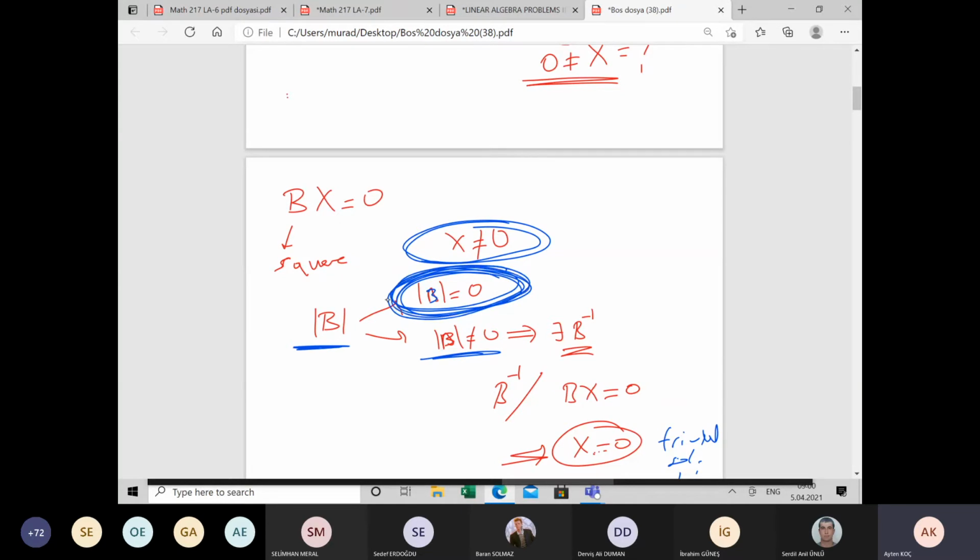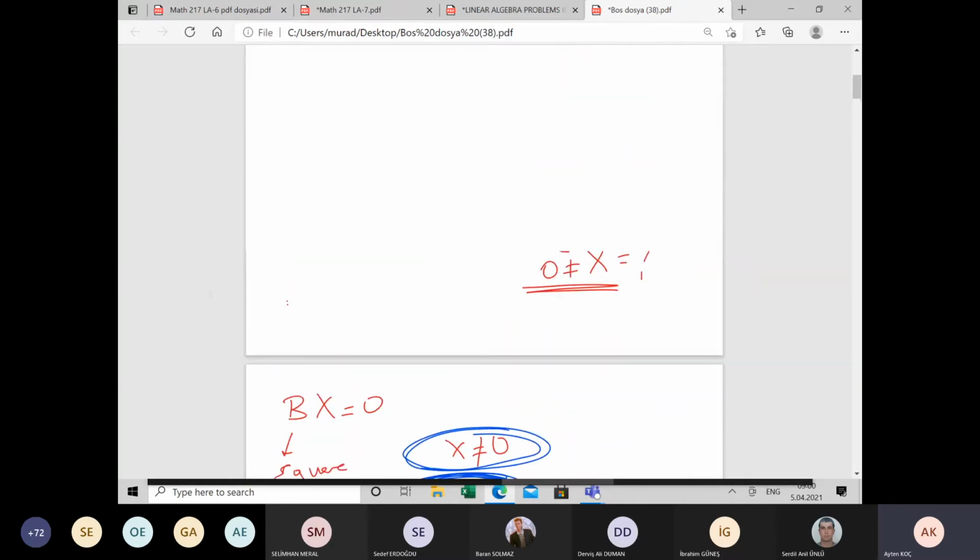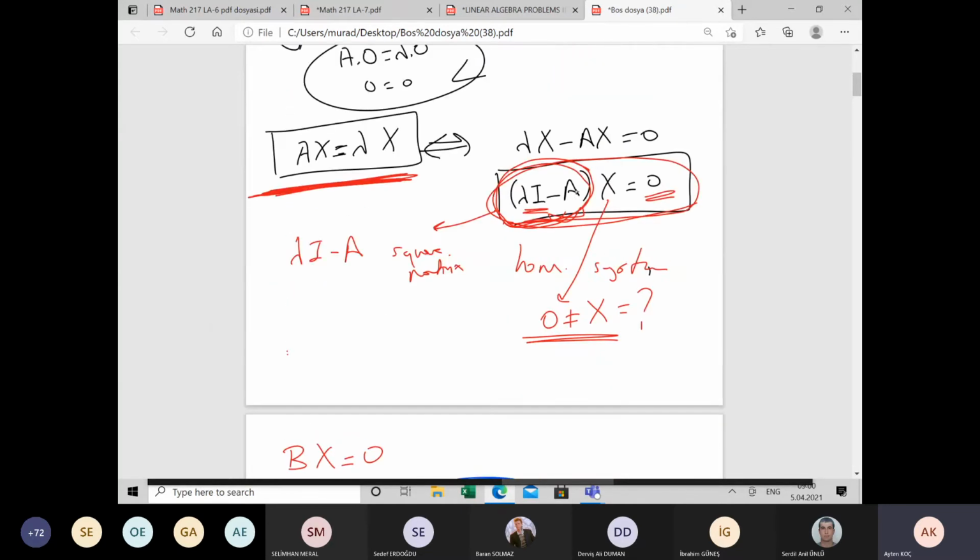Our aim is to get the non-zero solution. So look at the determinant of the coefficient matrix. The determinant should be 0, sorry, to get the non-trivial solution. Our aim is to get the non-zero vector. What's the condition? Determinant 0.